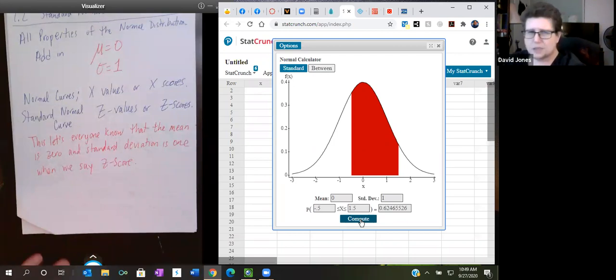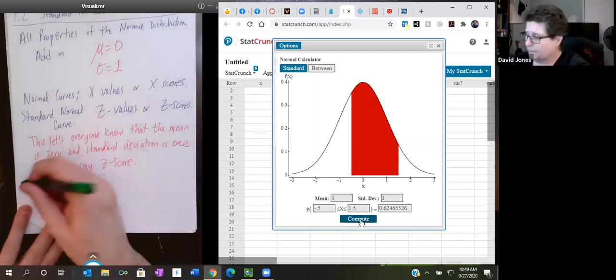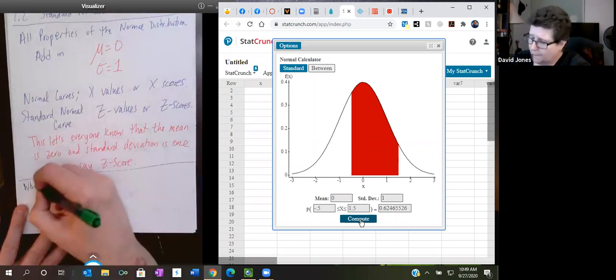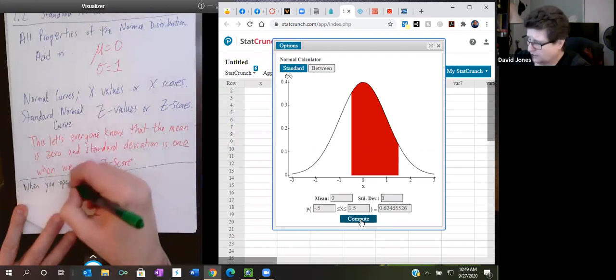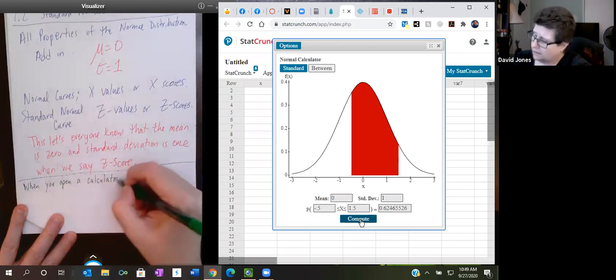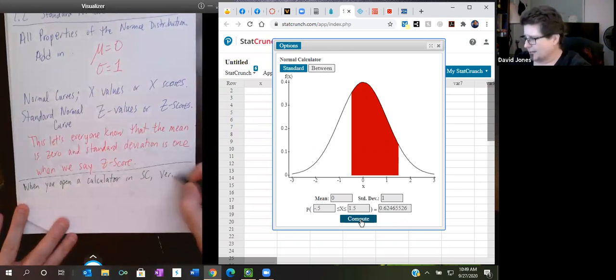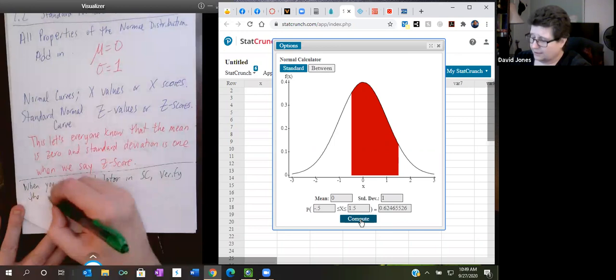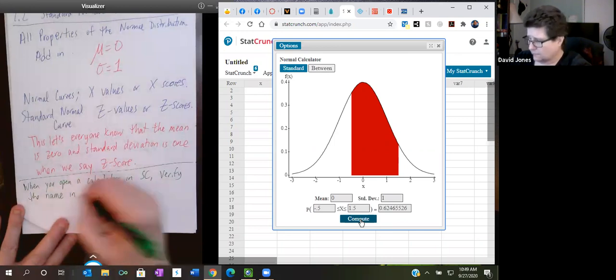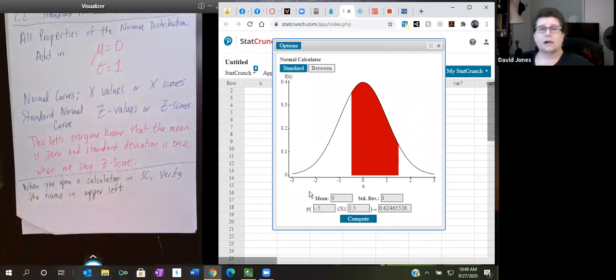Now, in chapter 6 and chapter 7, we've used a lot of calculators. So at this point, after we've introduced several, here's a pro tip. When you open up a calculator in StatCrunch, verify the name in the upper left.